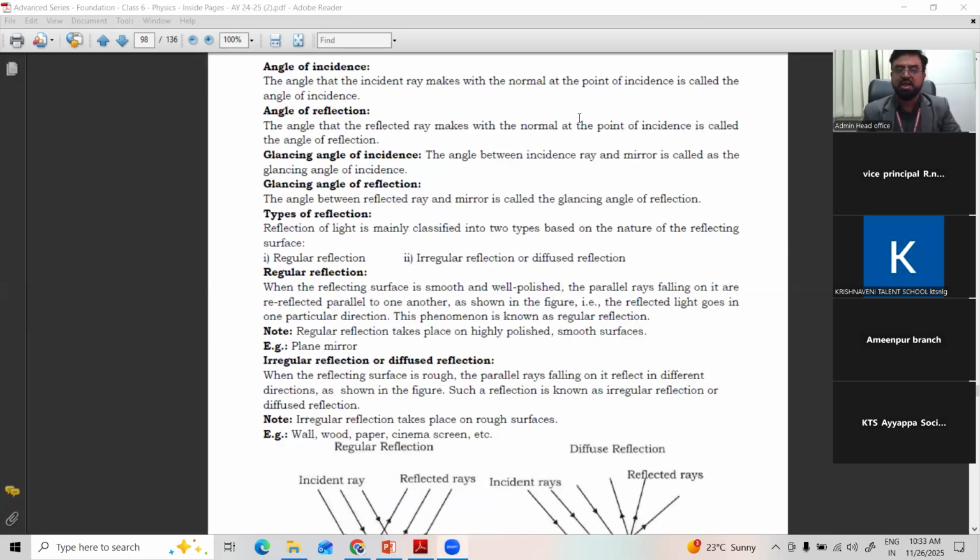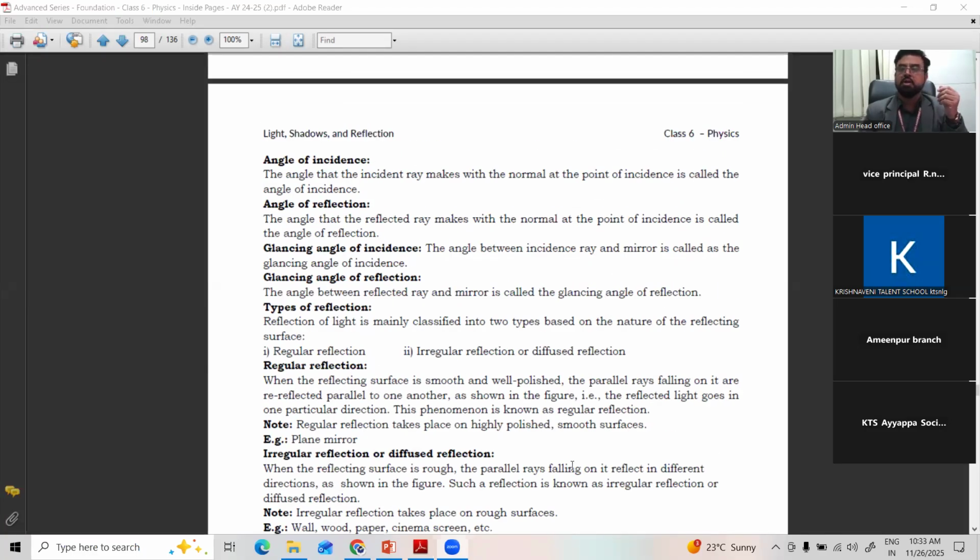We have seen what light is and the terminologies related to light. Then we saw luminous bodies, non-luminous bodies, and also transparent, translucent, opaque, homogeneous, heterogeneous bodies.